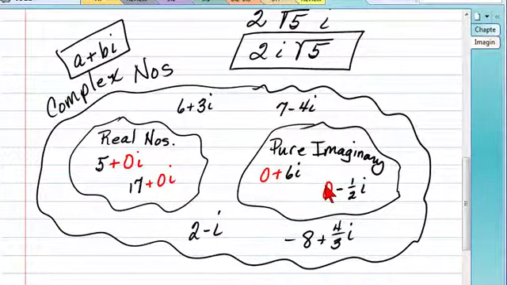So every number in existence is a complex number, and they can all be written in the form a plus bi. There are numbers within this group whose imaginary parts are 0. We call them real. There are numbers within this group whose real parts are 0. We call them pure imaginary. And then there are the numbers all out here that have both pieces.